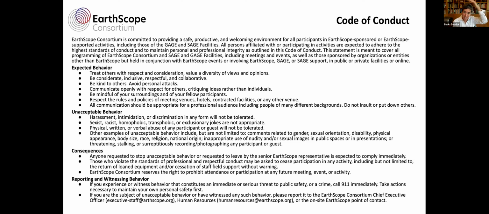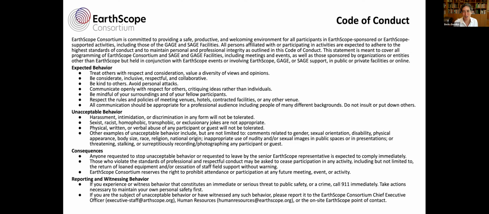So in case you don't already know, this course is sponsored by the EarthScope Consortium through the GAGE facility. So those are some words that you might not exactly know what they mean.